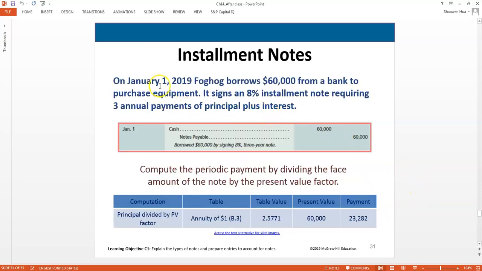On January 1st, 2019, Foghawk borrows $60,000 from a bank to purchase equipment. It signs an 8% installment note requiring 3 annual payments of principal plus interest.